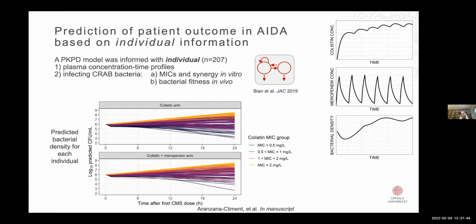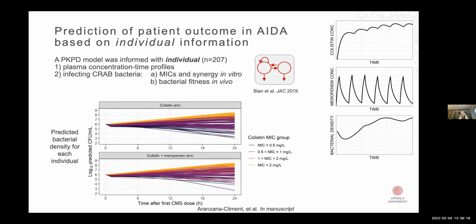So in this work, we focused on the Acinetobacters because most patients had Acinetobacter infections. And for each of these bacteria infecting different patients, we had the MICs and also synergy measured. So we could look into that as well. And also the fitness of the bacteria has been tested in a mouse model. So we know how well they grow in vivo.